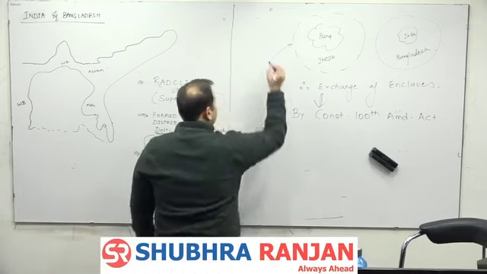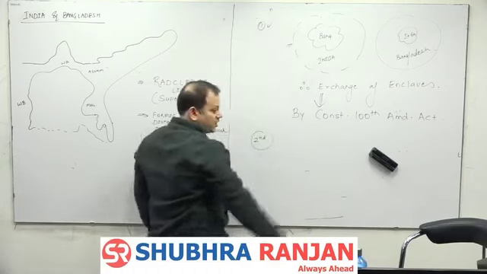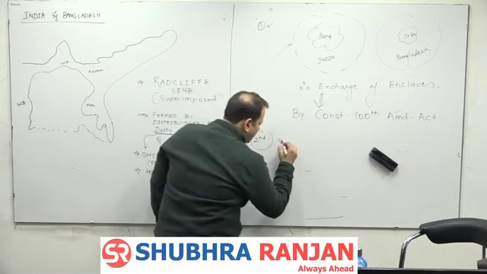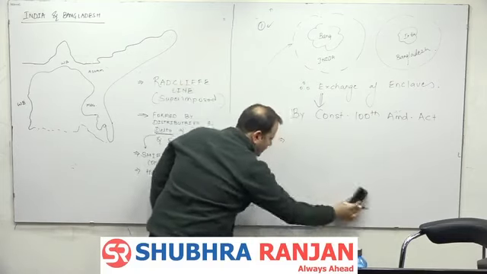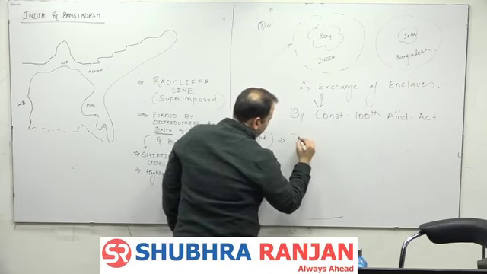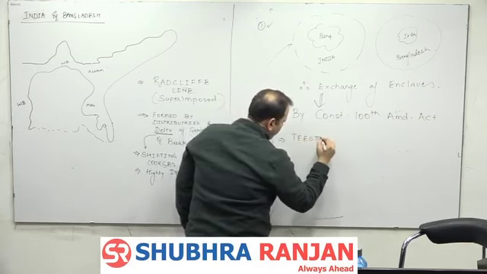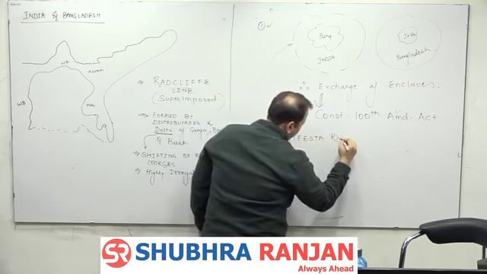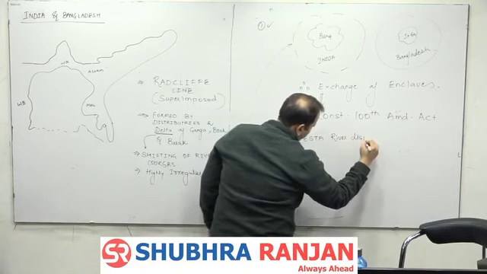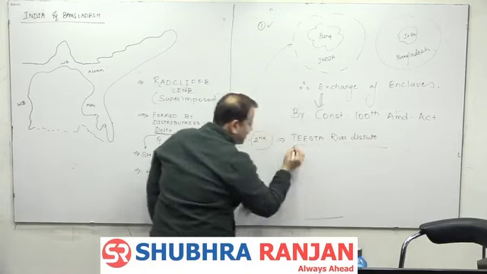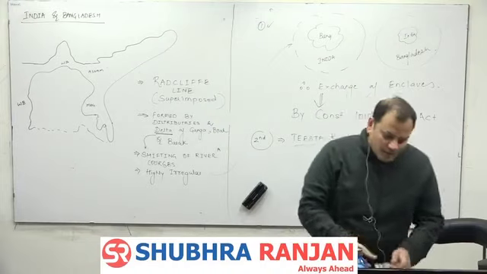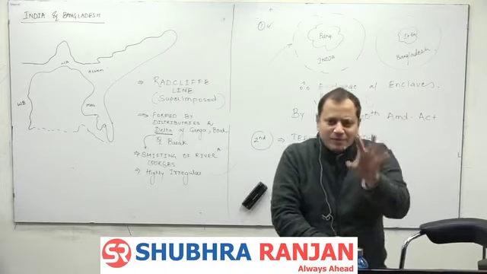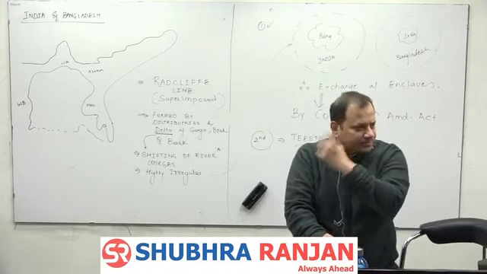The second issue. This issue has been resolved very amicably, so this dispute has been solved. The second dispute which has yet to be solved is Tista. So what is this Tista river dispute? That is polity, IR. What is the Tista river? Where does it originate?